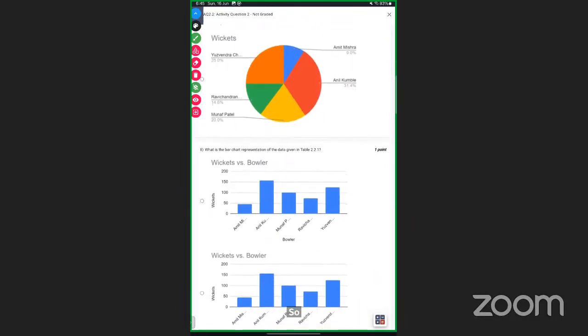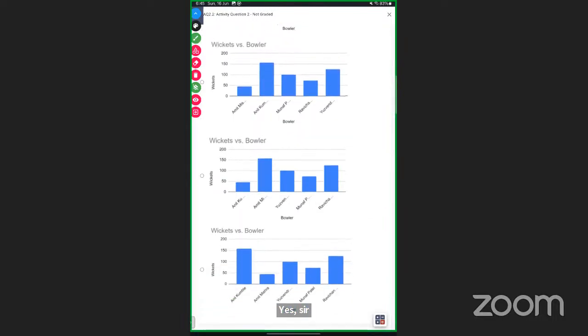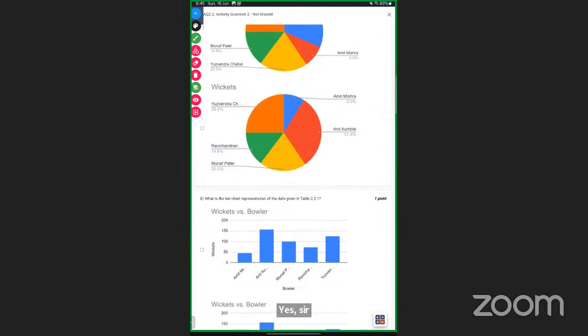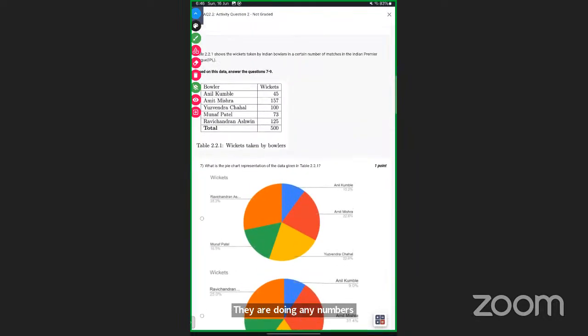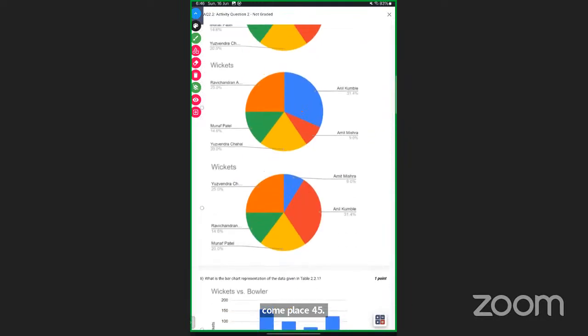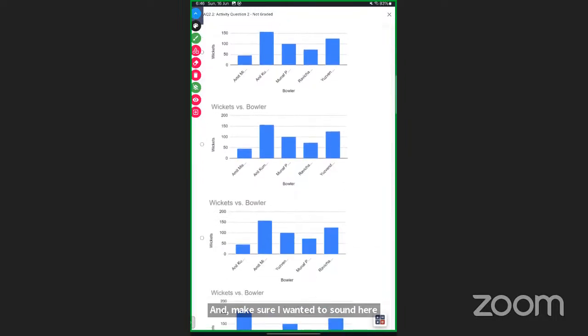What is the bar chart representation of the given data? They are doing it in numbers only, so no need to convert to percentages or anything. Anil Kumble is 45 and Amit Mishra is 157. It's straightforward. Anil Kumble should be lesser.